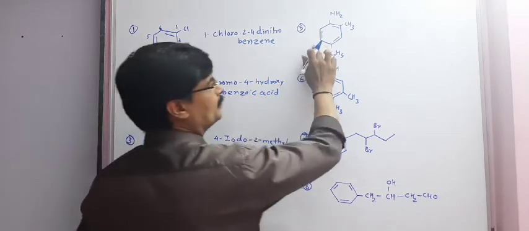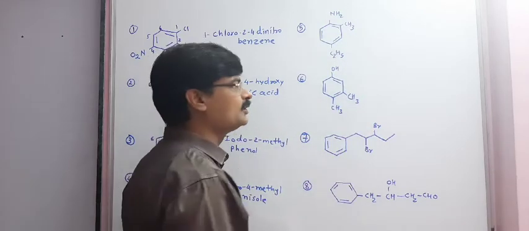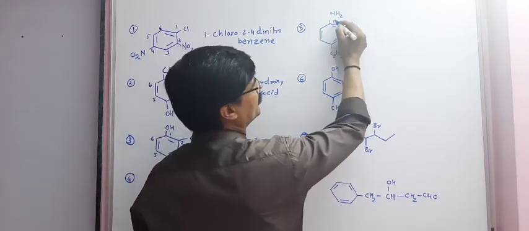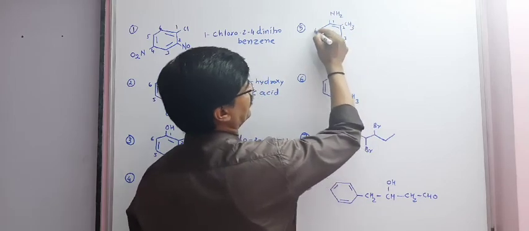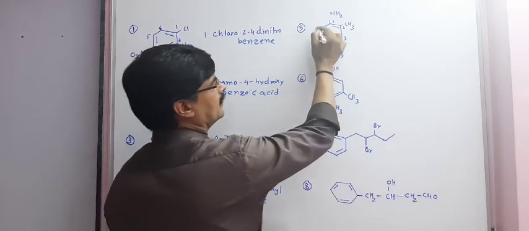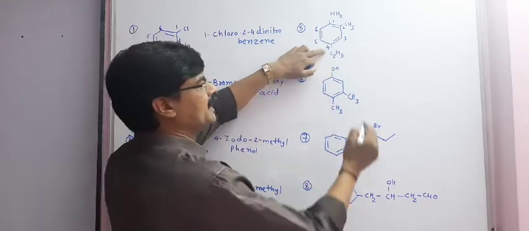Now for the next compound, we have an NH2 group, a CH3 group and a C2H5 group. Giving numbers from here, we will get 1, 2, 3, 4, 5 and 6. Now, for the ethyl group, E comes first in alphabetical order.